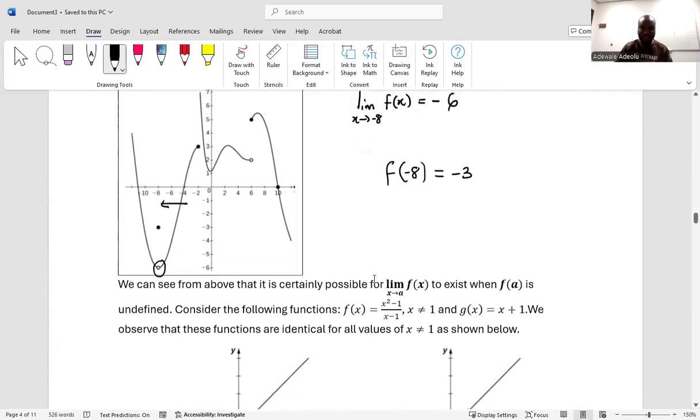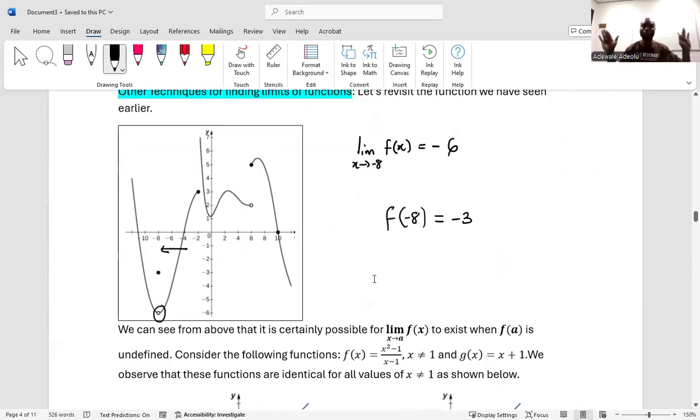Now we have a situation whereby it is not true. That is, the limit of this is not equal to f of negative 8. See, x is going to negative 8, but the limit is not the same as that function evaluated at negative 8. So I'm just using this graph to show you that you have seen it before, actually.